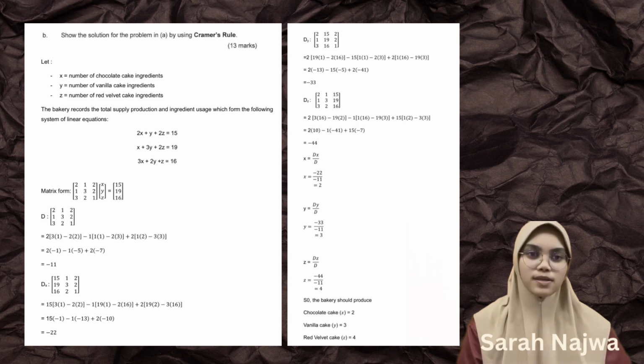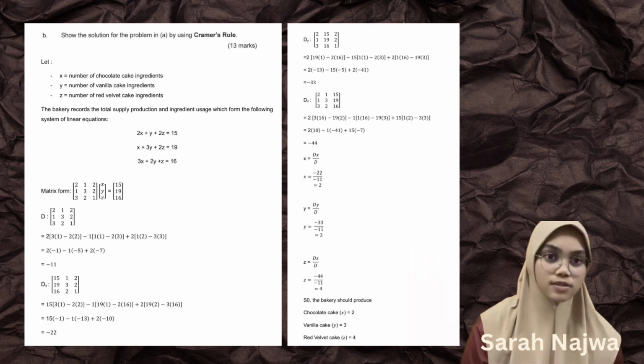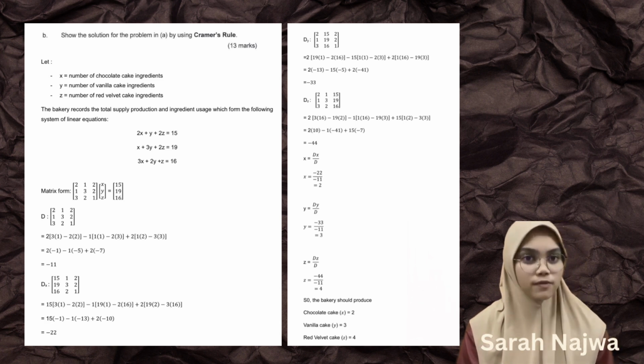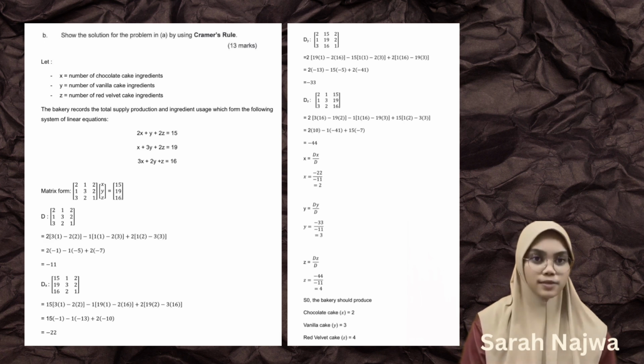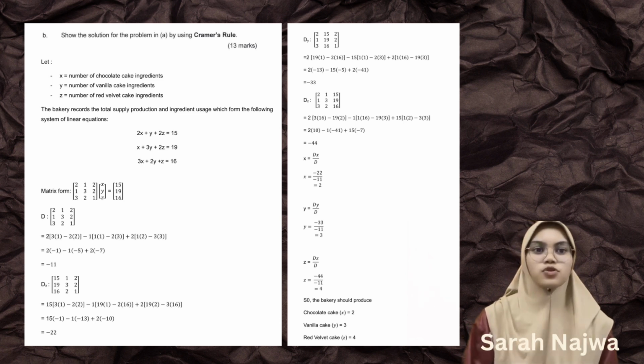Next, we repeat the same steps to find y and z. For y, it is negative 33 over negative 11, which gives 3, and z is equal to negative 44 over negative 11, which gives 4.